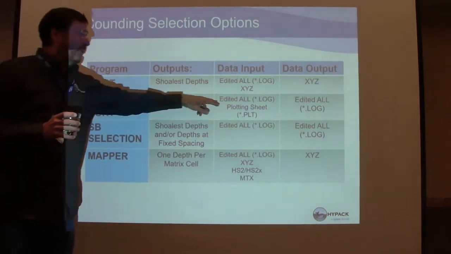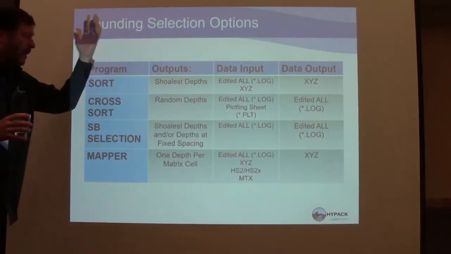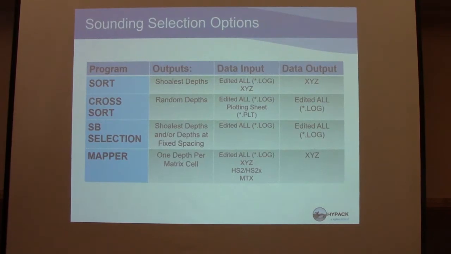This gets output to an all format file, basically the same as our single beam edited data, but it's a reduced data set. It just makes it look a lot better in terms of drawing on a screen. It doesn't give you any priority as to shoalest or median depth or anything like that. It just fits the soundings as close as possible without them overriding each other.